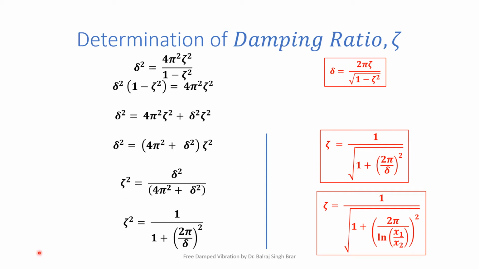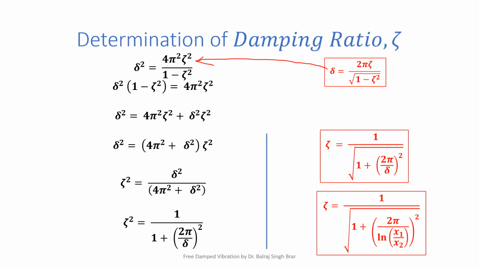Now what we do, we square it and the term becomes, squaring both sides, delta square is 4 pi square zeta square by 1 minus zeta square. By cross multiplying, it becomes delta square into 1 minus zeta square is 4 pi square zeta square.